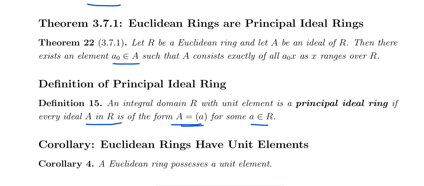Every ideal in R is generated by some element of R, then that is called a principal ideal ring.